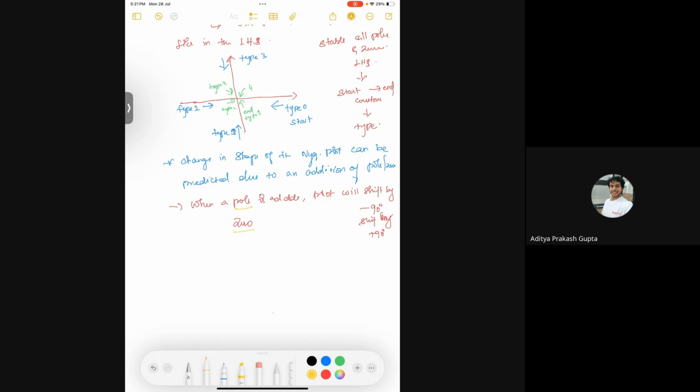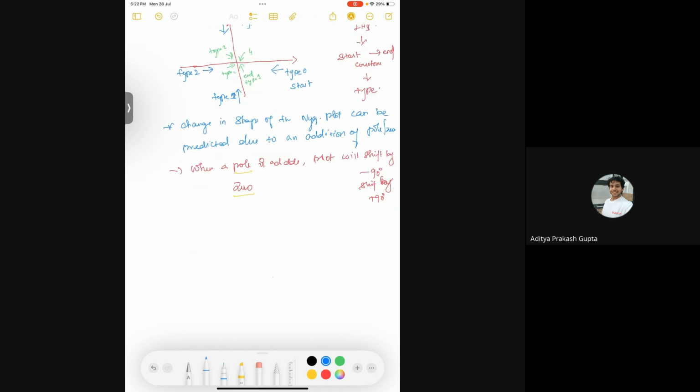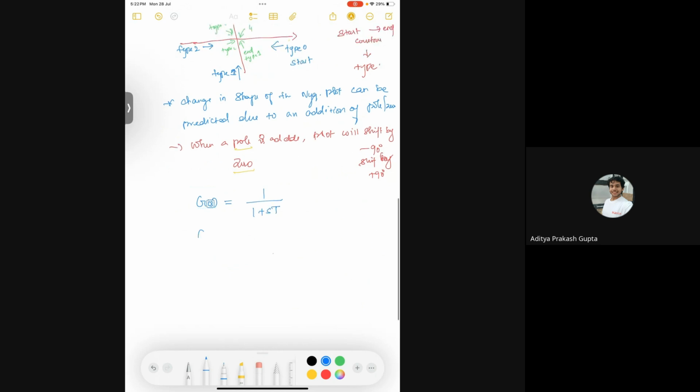For example, I can show you an example. Say I'm taking a type 0 system. How will we calculate? Instead of s, we will just substitute j omega. This will be separated into magnitude and phase.